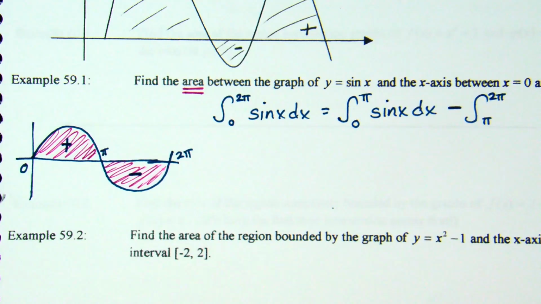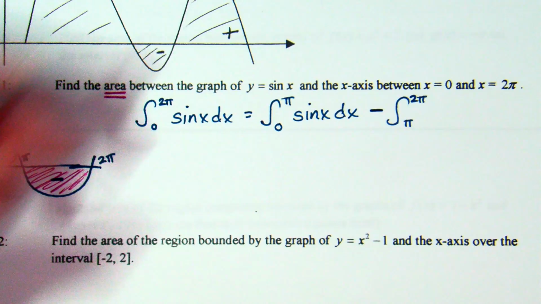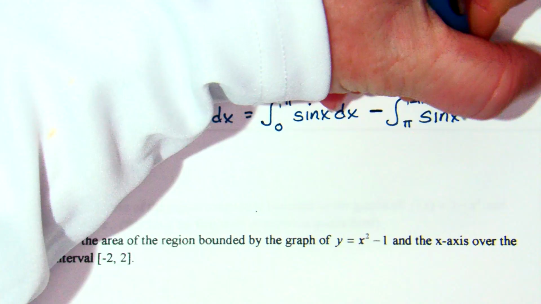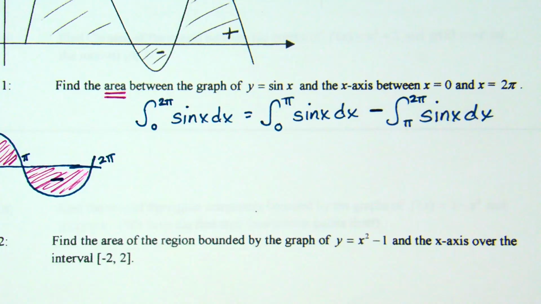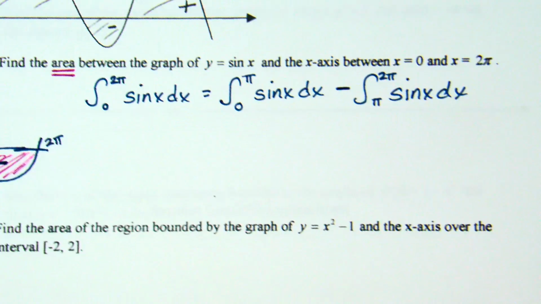So in order to get that value to actually add to the first one, we're going to subtract the integral from pi to 2 pi of sine x dx. Good news is you're integrating the same thing twice, so you don't have to do different integrals here. Okay, this is a do-it-by-hand type of problem. What is the integral of sine x?